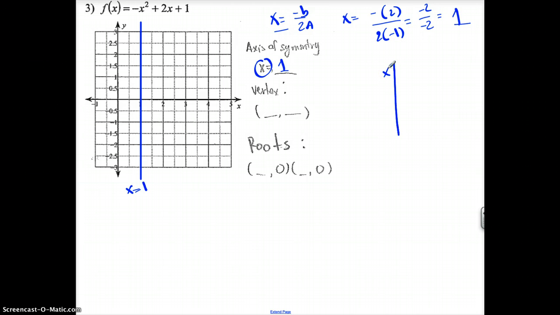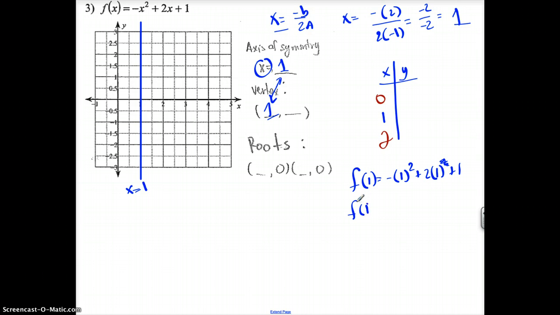In our table, we should have 1. And then we'll go to the numbers around it. We'll go to 0, and we'll go to 2. All we do is find out where we start. Okay. This 1 value here, this axis of symmetry, again, these are the same. The axis of symmetry is the x value of the vertex. So we'll plug it in. f of 1 equals negative 1 squared plus 2 times 1 plus 1.